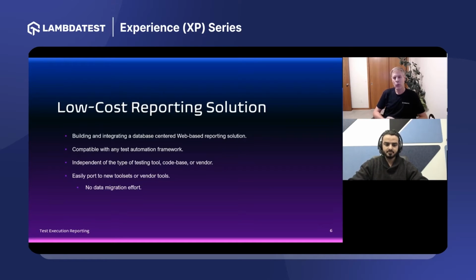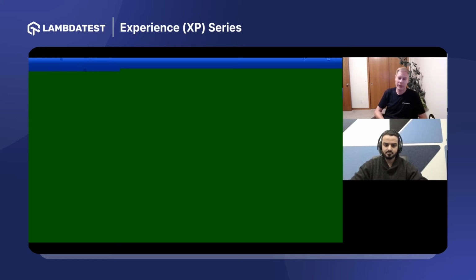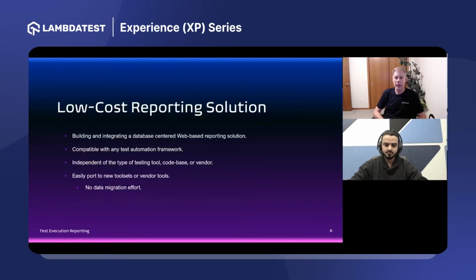So one of the advantages of doing this, besides being able to report exactly how we want it to report, is we have compatibility with pretty much every test automation framework out there, right? So as these tools change over time, as we're going, say, from UFT to Selenium to Playwright to AI, we have all of our data.